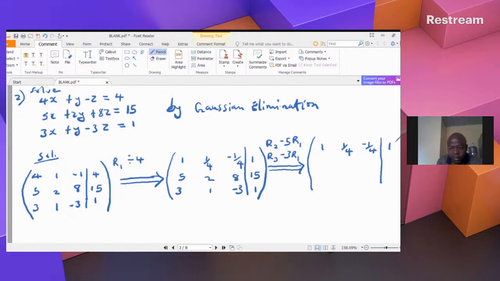But you can see how simple the steps are.